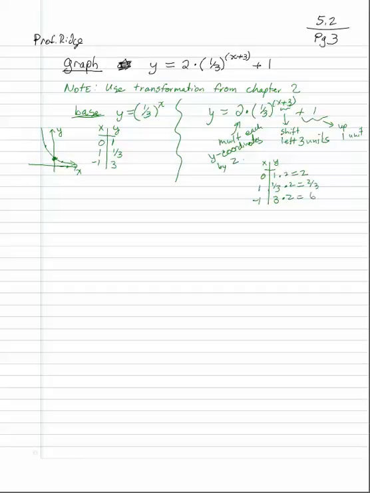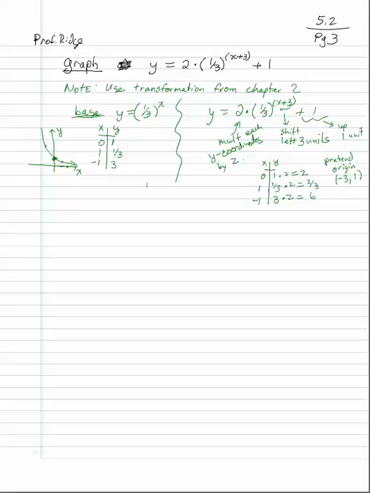And I'm going to count from my pretend origin. This is the way I do it. So the pretend origin is (-3, 1). Or you can just add negative 3 to each x coordinate and add 1 to the y coordinates. So you can think of it that way also.